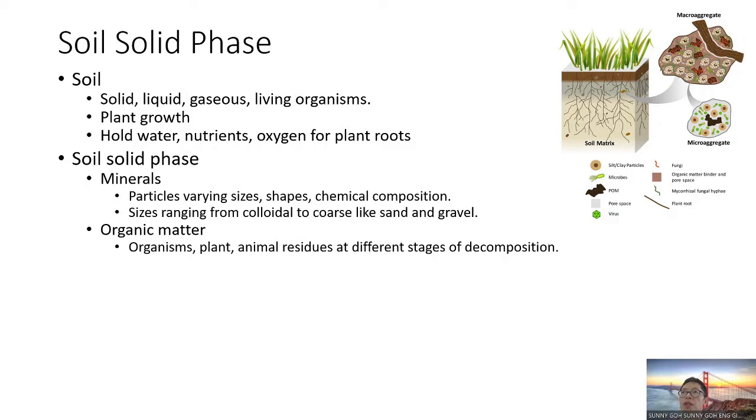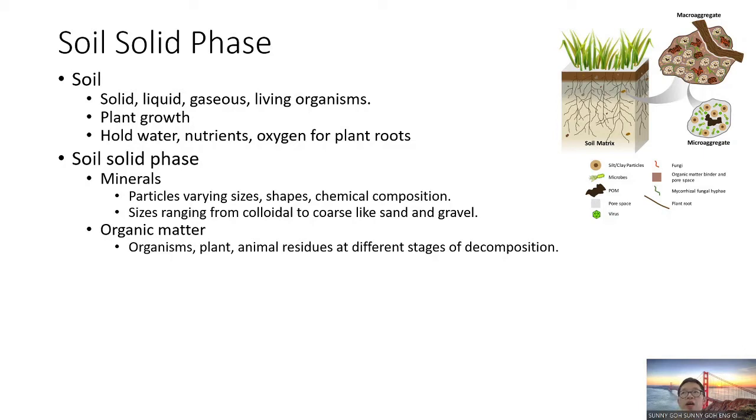The mineral part has particles with different sizes, shapes and chemical composition. The sizes of the minerals range from colloidal to coarse, like sand and gravel. The organic matter includes organisms, plant and animal residue at different stages of decomposition.